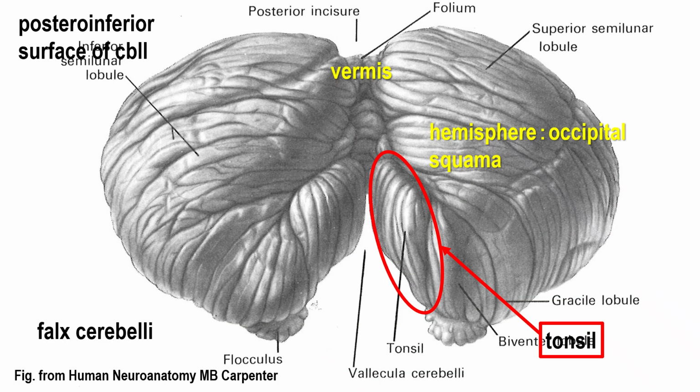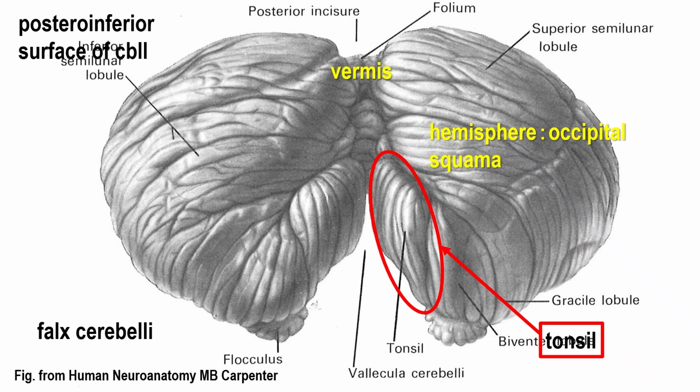The posterior inferior surface of the cerebellum has markedly developed cerebellar hemispheres, with the tonsils and other structures developed in the medial portion, covering part of the vermis.